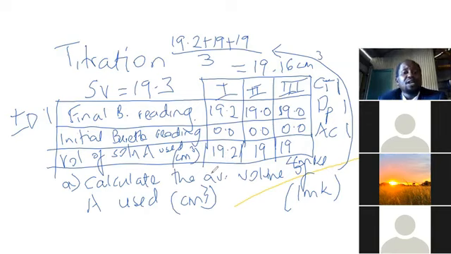So supposing, like in my case, one of the titrations, a candidate had written 19.3 or 19.6 instead of 19.2, for instance, the first one, the examiner will do the subtraction correctly and write 19.2 as required or as expected.